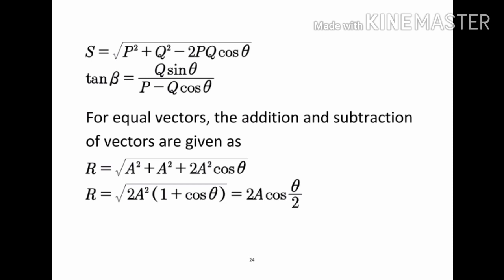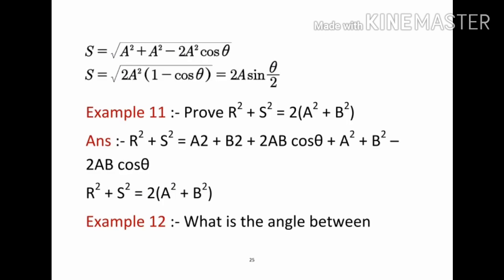And in a similar way, to find the subtraction of two equal vectors, the formula is S is equal to root of A square plus A square minus 2A square cos theta. Then S is equal to root of 2A square into 1 minus cos theta.